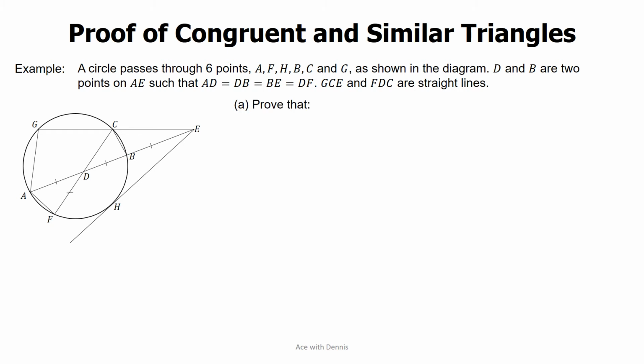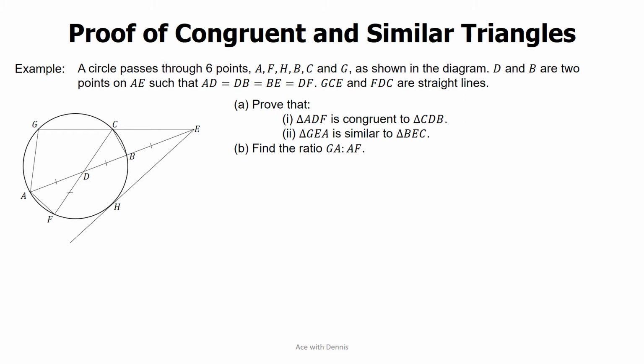A. Prove that 1. Triangle ADF is congruent to triangle CDB. 2. Triangle GEA is similar to triangle BEC. B. Find the ratio of GA to AF.